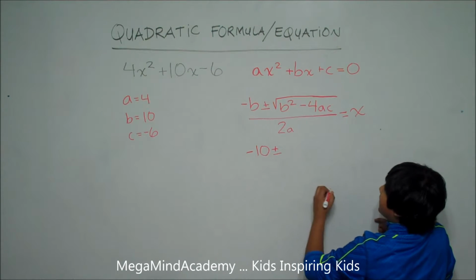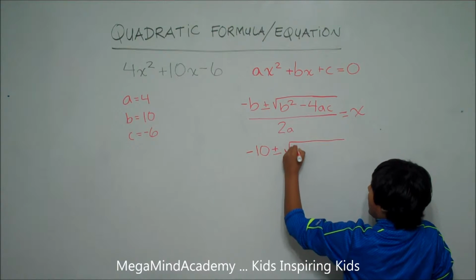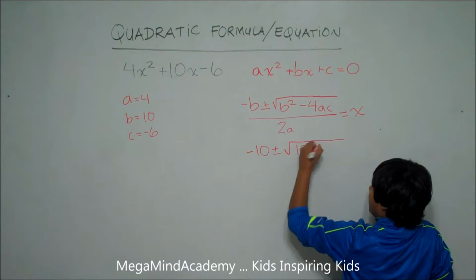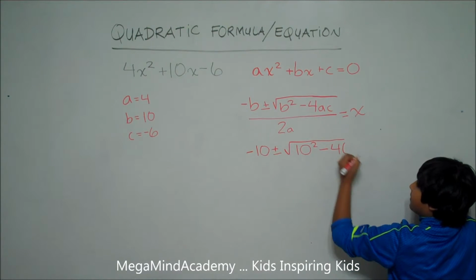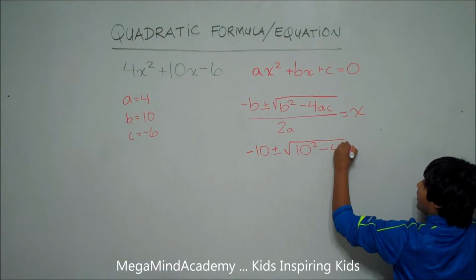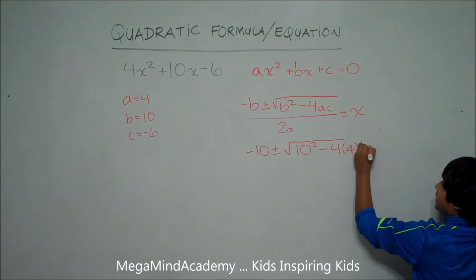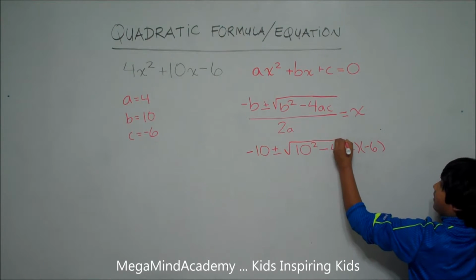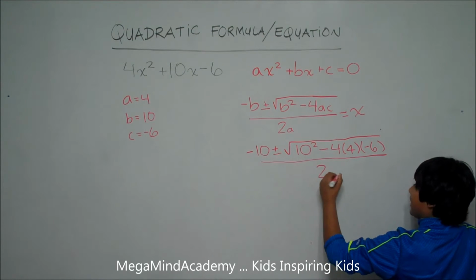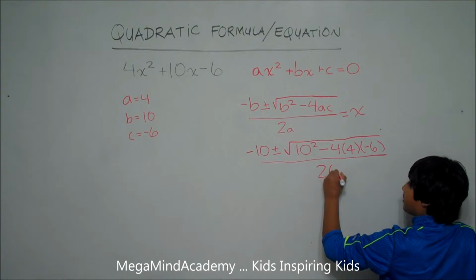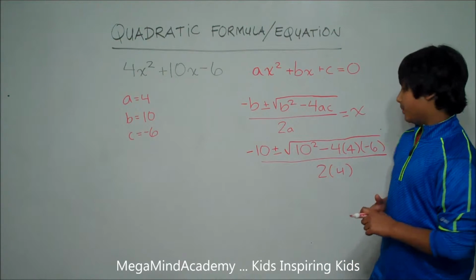So, let's do that. It'll be negative 10 plus or minus the square root of 10 squared minus 4 times a, which is 4, times c, which is negative 6, all over 2a. And a is equal to 4, so we do 2 times 4. Now, let's simplify this.